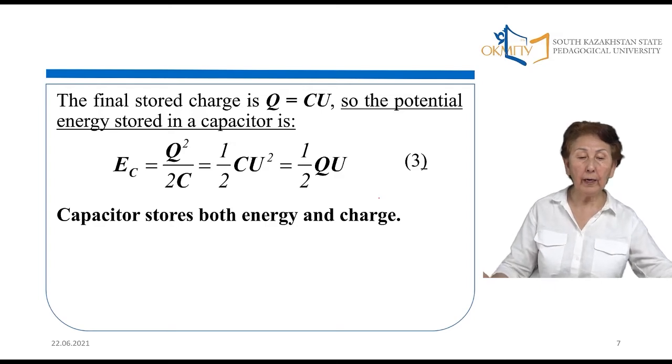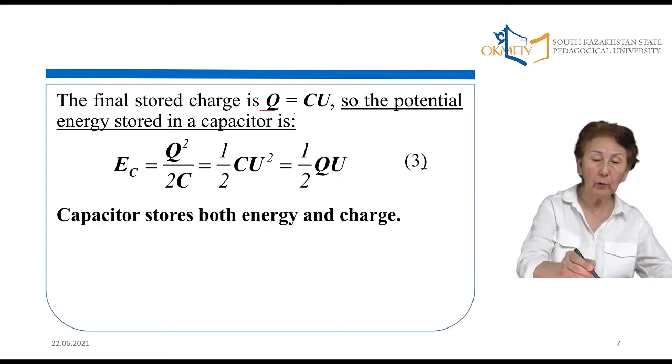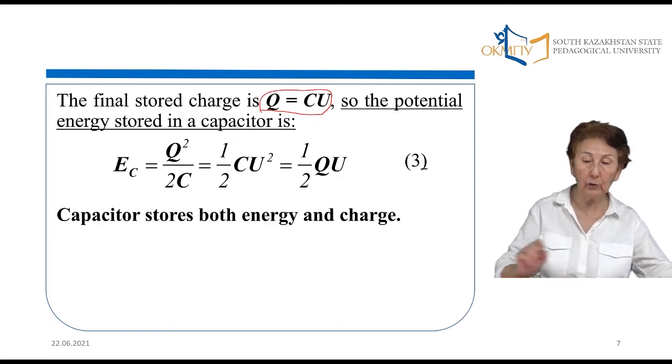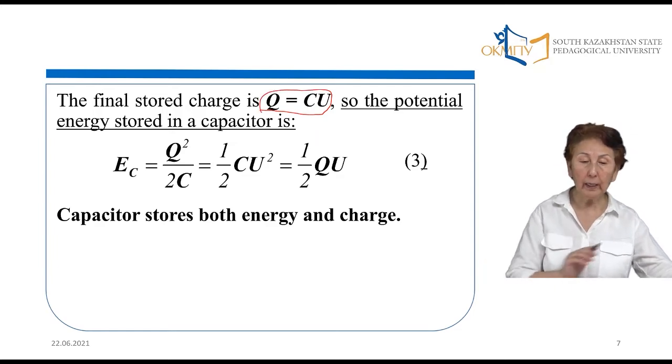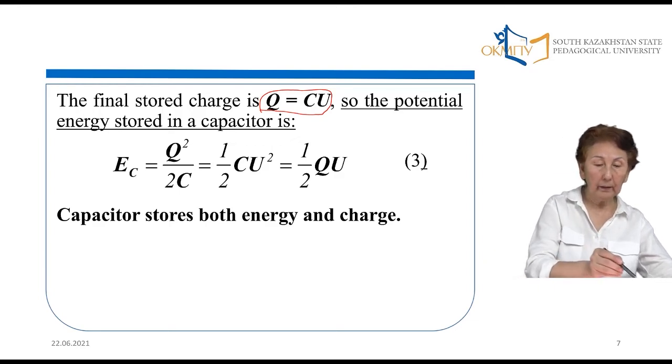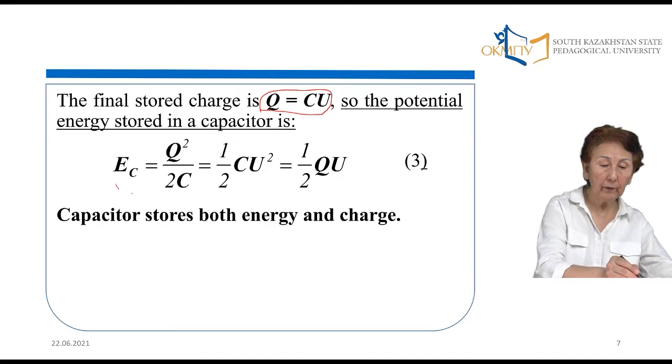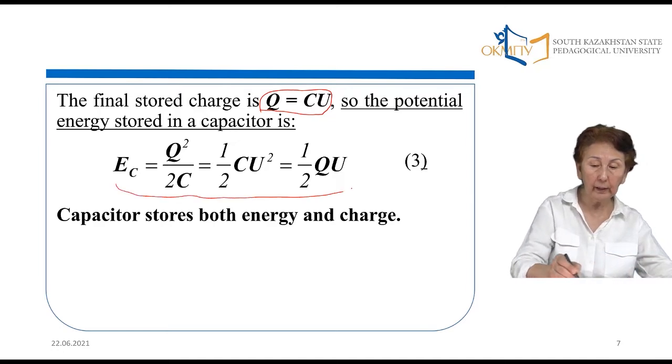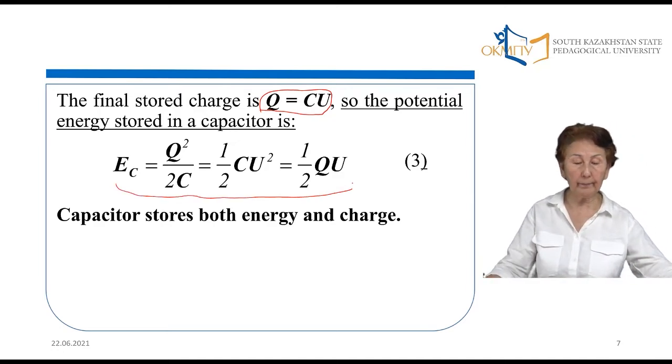So the final stored charge Q is equal to the product of the capacitance and voltage. So the potential energy stored in a capacitor can be defined by one of these three expressions.